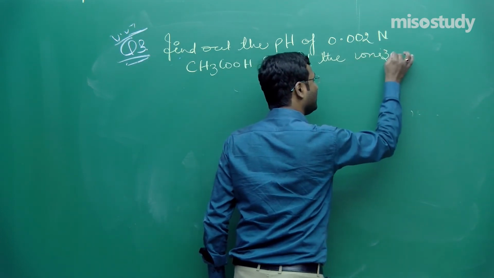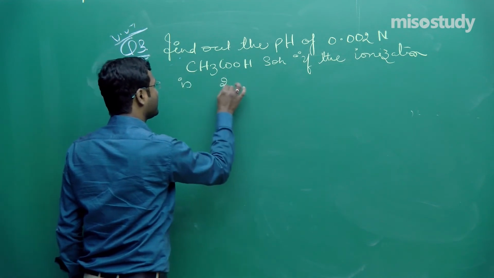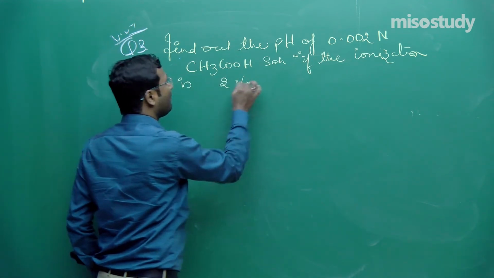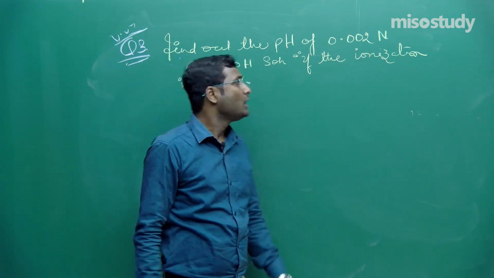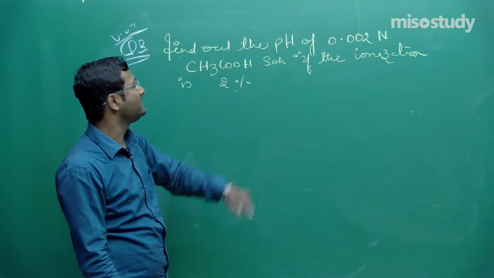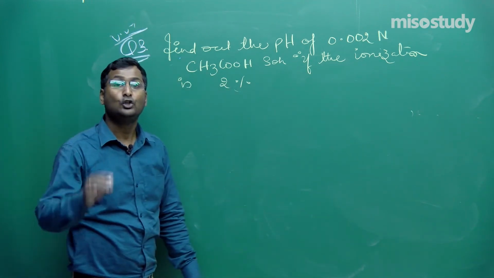Are you getting my point? Find out the pH of 0.002 normal CH3COOH solution if the ionization is 2%.